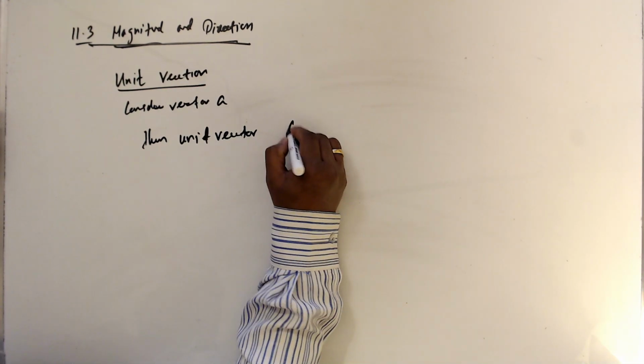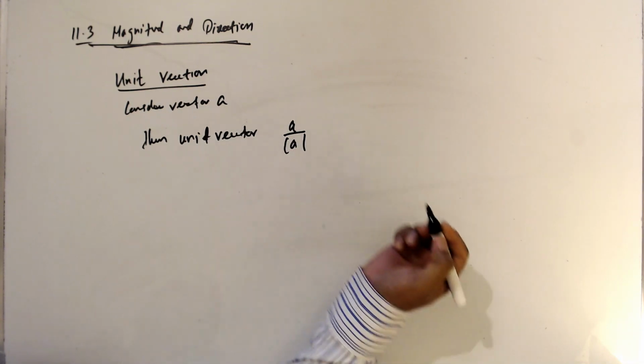You want to divide that vector by its size.